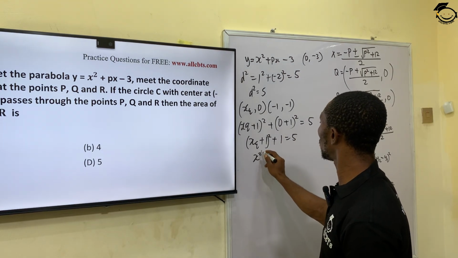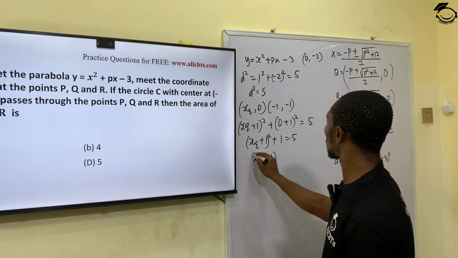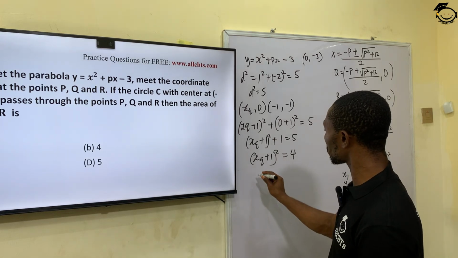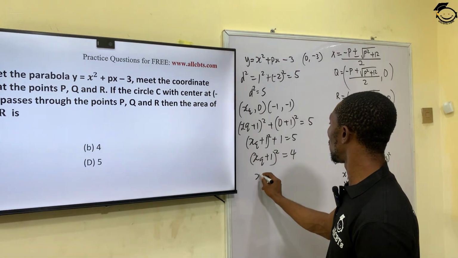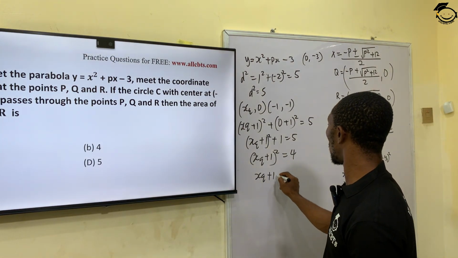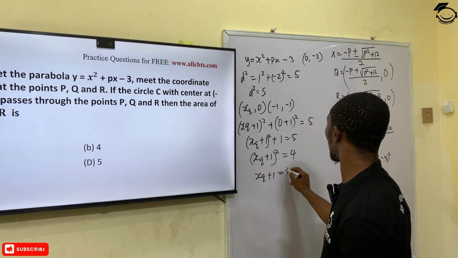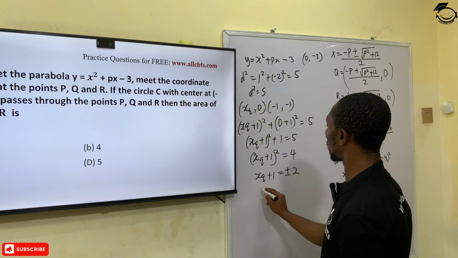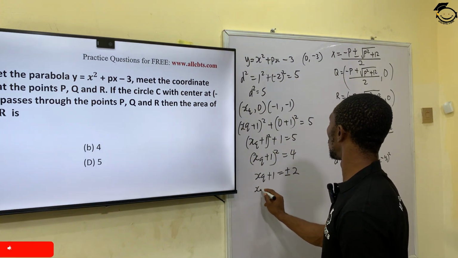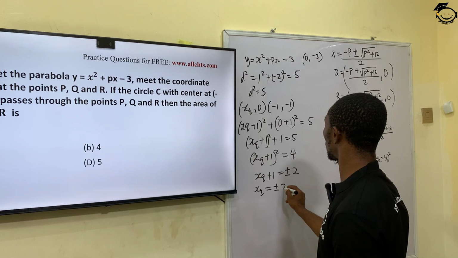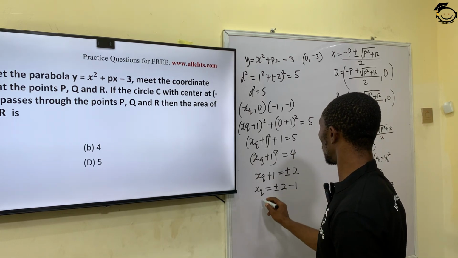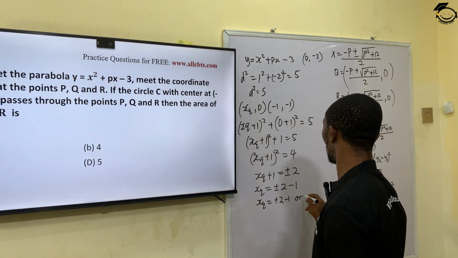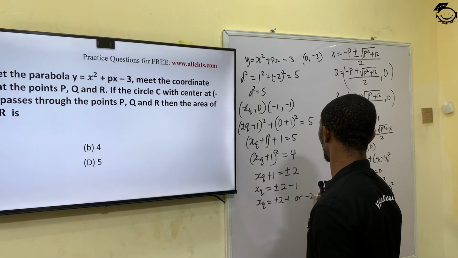So s cube plus 1 all squared equals 4. So taking the square root of both sides, we have s cube plus 1 equals plus or minus 2. Okay? Now, s cube equals plus or minus 2 minus 1, which will give us s cube equals plus 2 minus 1 or minus 2 minus 1.